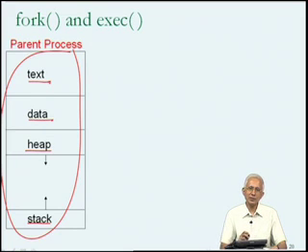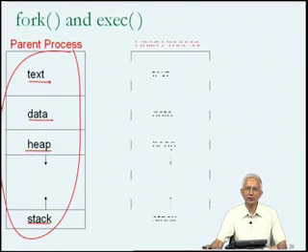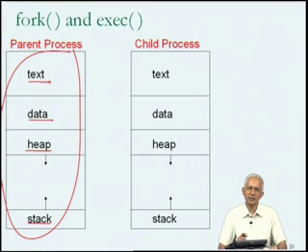Okay, so when the parent process is in execution, the parent process could do a fork. And when a process does a fork, as we saw, the effect is that a new process comes into existence. This new process is called the child process. It turns out that the child process starts off identical to the parent process in all except one or two subtle points.